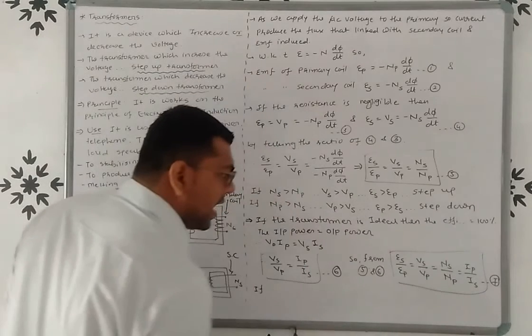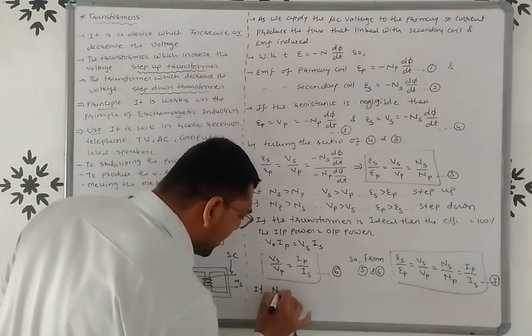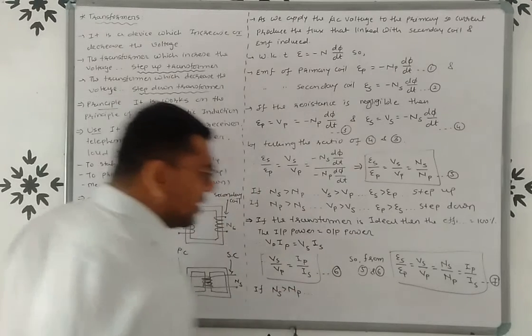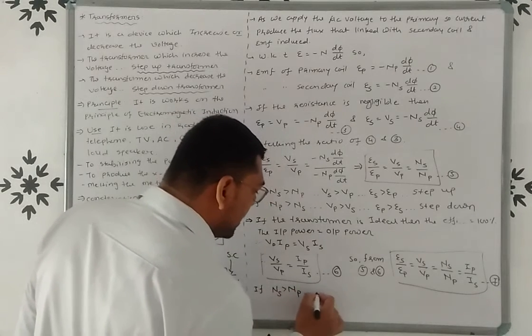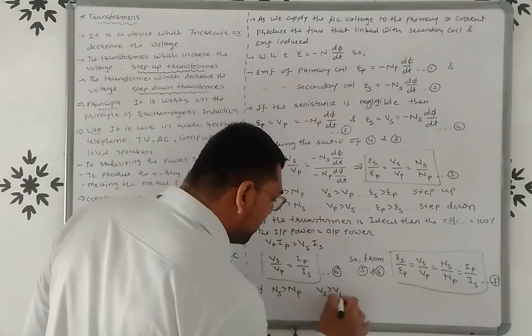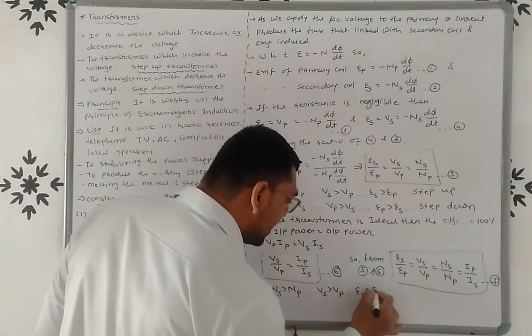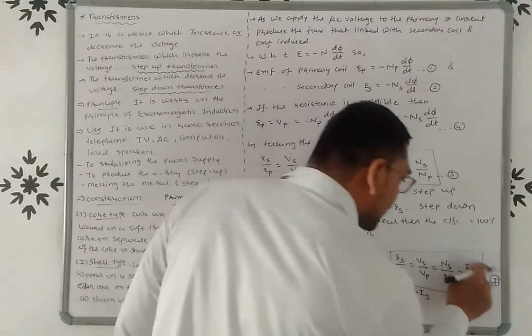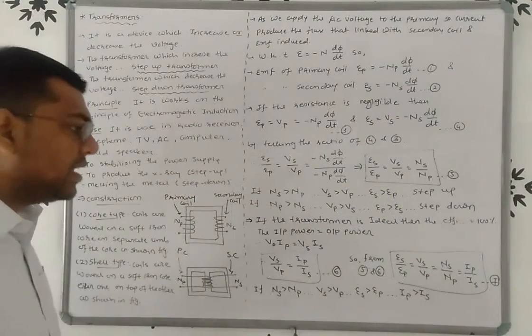So if we say Ns greater than Np, then we can say that Vs greater than Vp or Es greater than Ep, and for current Ip greater than Is, right? Because Ns greater than Np.